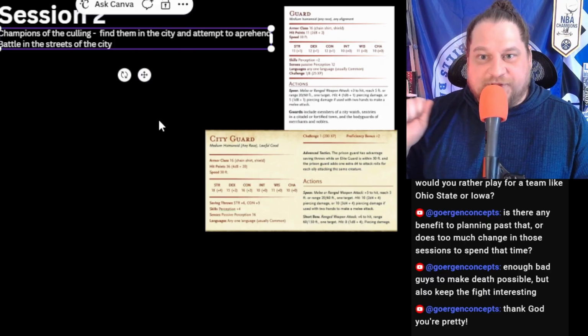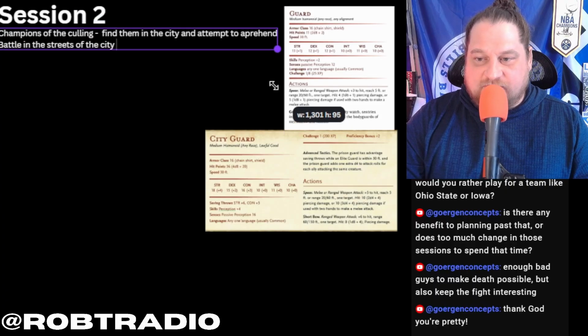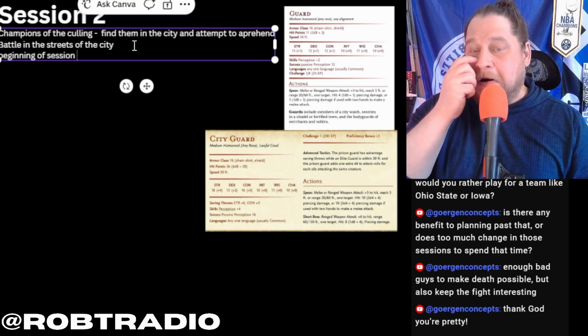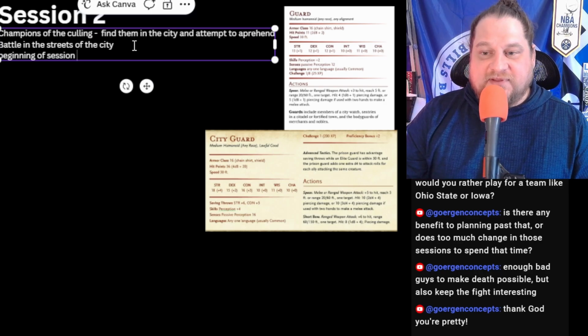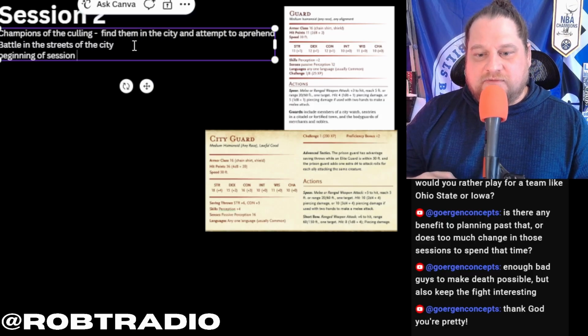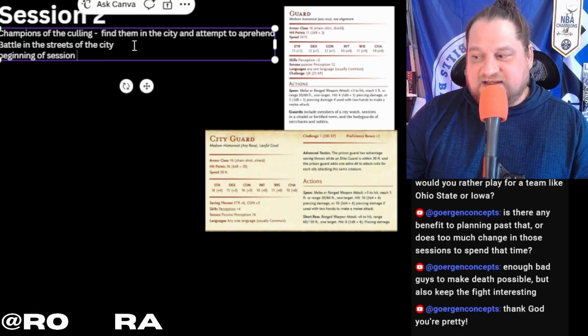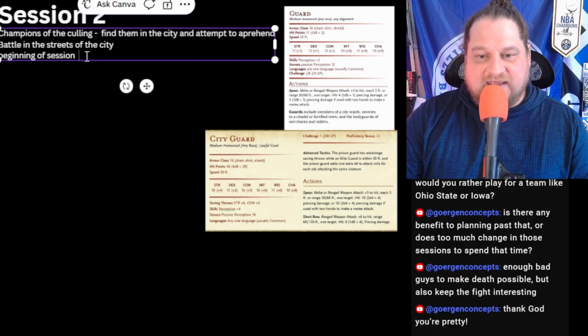And I would put this right at the beginning. The idea here is you want your party to get comfortable with their class and how to play it. And you also want to give them a level early on in the first couple of sessions to have them feel like they're progressing and making a difference, right?